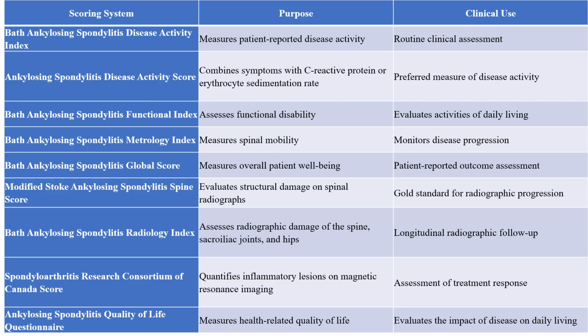For physical function, the Bath Ankylosing Spondylitis Functional Index measures how the disease affects everyday activities. The Bath Ankylosing Spondylitis Metrology Index focuses on spinal mobility and helps track changes over time.